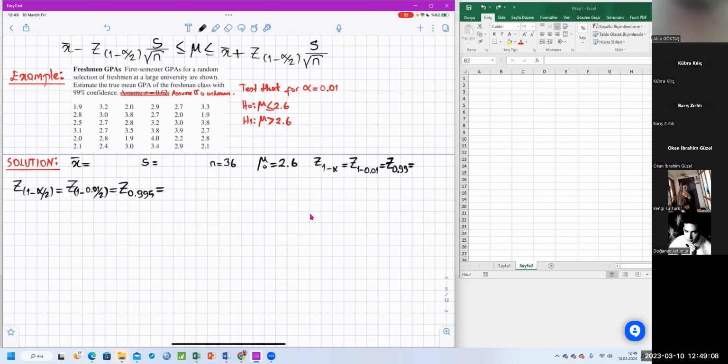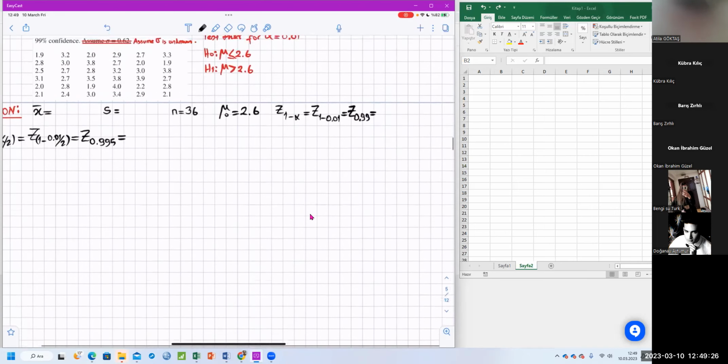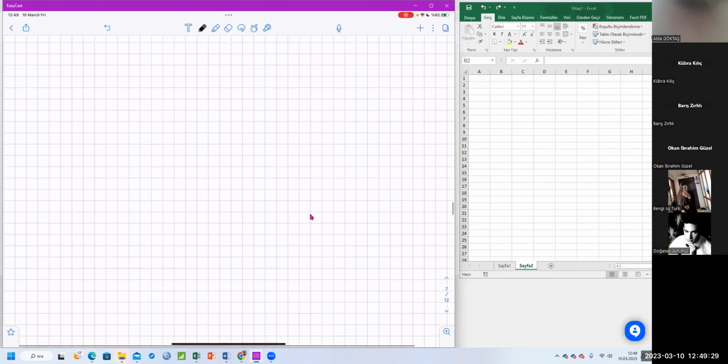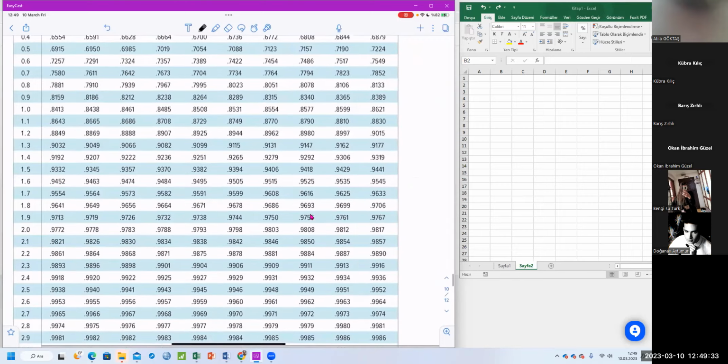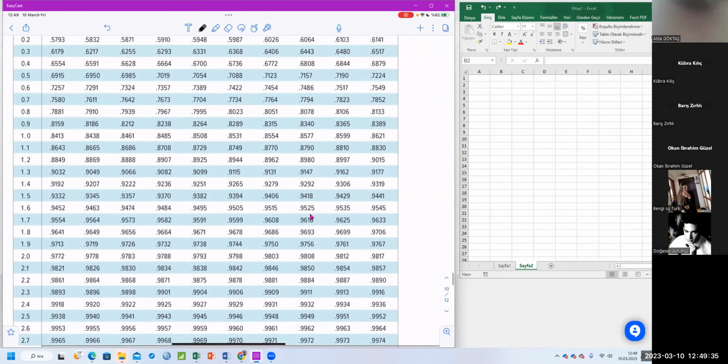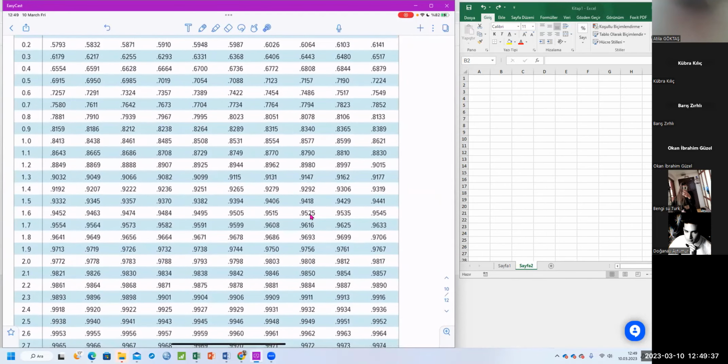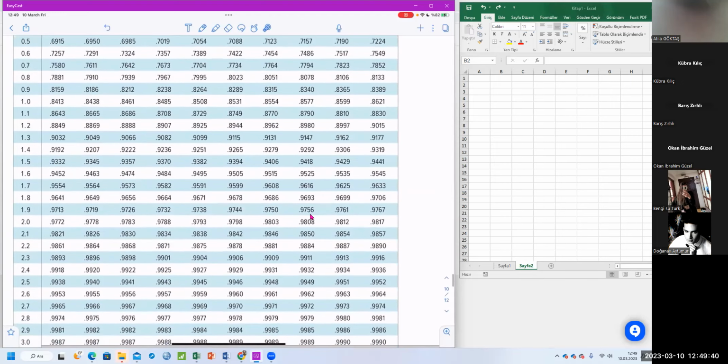Okay, before I get to the calculation of the X bar and the sample standard deviation, I will bring you the critical value for the hypothesis testing, and for the 99% confidence interval, I'll bring you the critical value as well. So 0.99. If I get to this Gaussian standard normal distribution table, you need to find out where 0.99 is located.